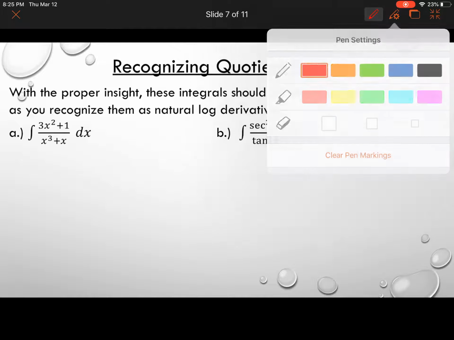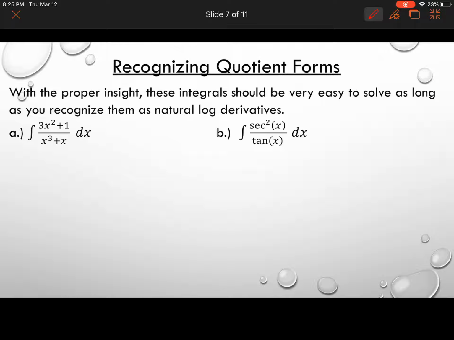The giveaway should be, if you look at the denominator of both these functions, you'll notice that the derivative of the denominator is 3x squared plus 1 in the first problem, and in the second problem, it is secant squared of x. Why is that relevant to both of these? Well, hopefully you notice that the derivative is the numerator for both of these equations.